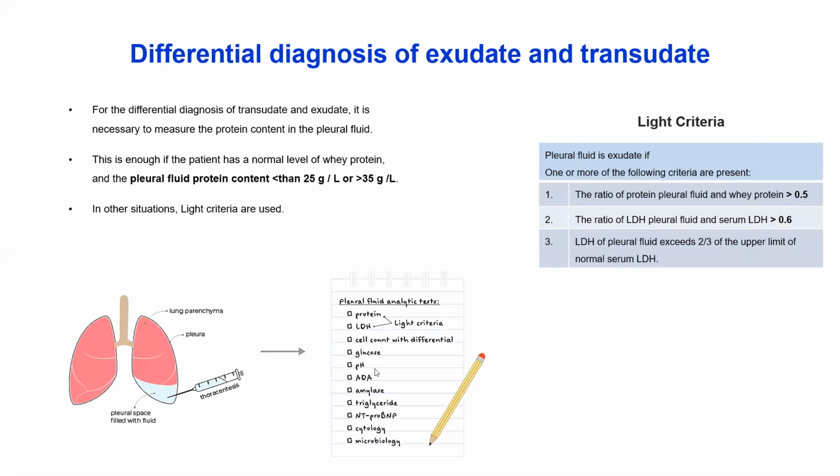About Light's criteria, we use Light's criteria. They propose an assessment of the protein in the pleural fluid, and we assess the concentration of lactate dehydrogenase, and then we can evaluate the ratio of pleural fluid lactate dehydrogenase to serum lactate dehydrogenase.